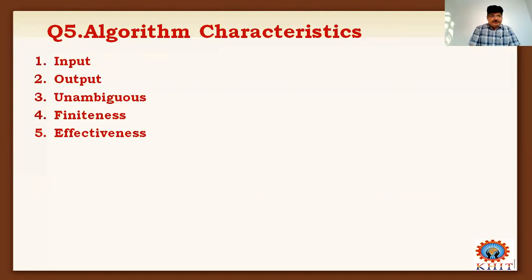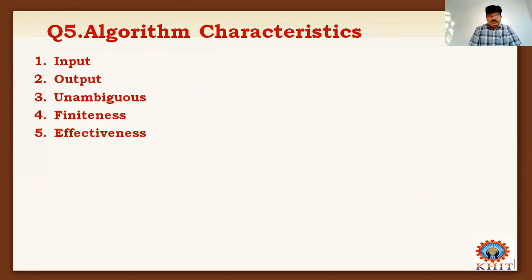The next question is, what are the properties of an algorithm? Or they may ask the question like, what are the characteristics of an algorithm? Both are the same: properties of an algorithm and characteristics of an algorithm.